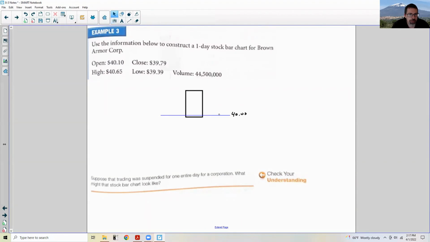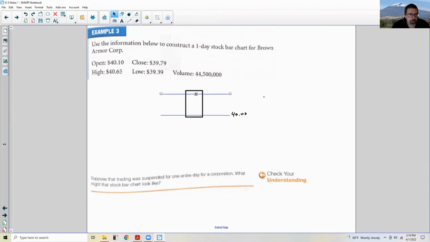So if I copy this line and bring it down to, I don't know, here, like so. Let's see, 39.39 low, high 40.65, open 40.10, close 39.79.